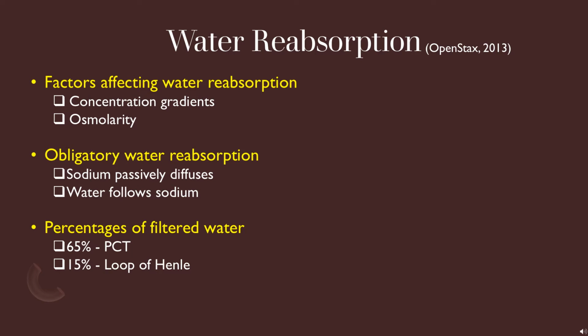This 80% of passively reabsorbed water is obligatorily reabsorbed no matter the water load in the human body. This means that there is still 20% of filtered water unaccounted for. This 20% is reabsorbed in the distal tubule.